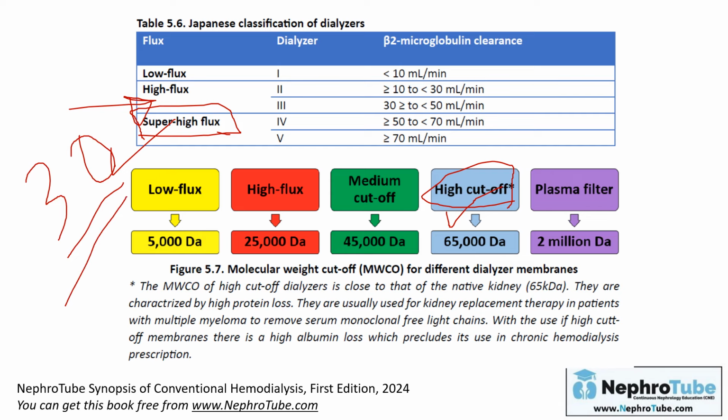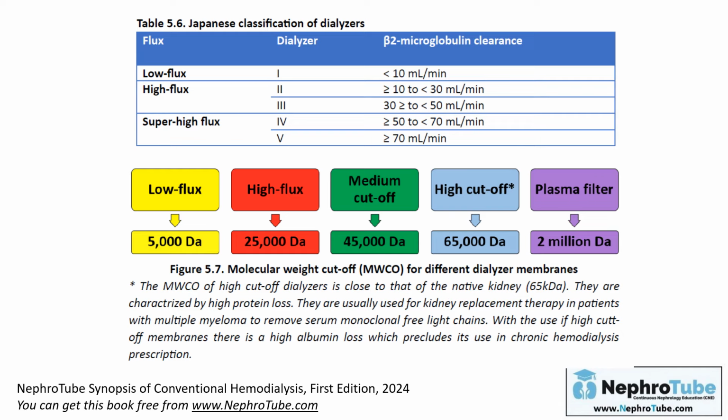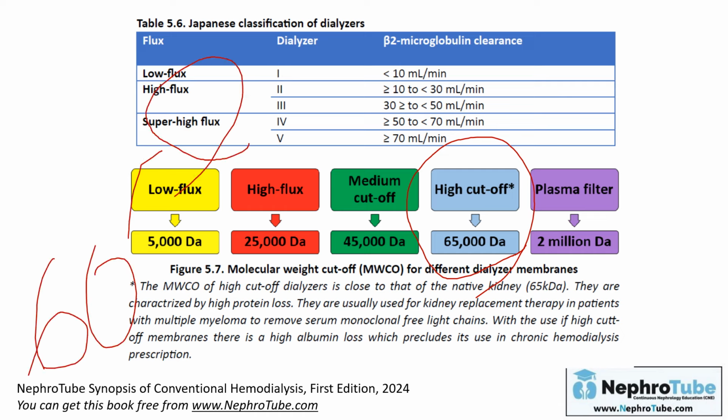But in other references, you will find that they are not using the Japanese classification, and they mention that these high cutoff membranes with molecular weight cutoff up to 65,000 are also called super high flux. So take care while you are reading. And by the way, there are third references that mention that high cutoff can remove up to 65,000, while super high flux can remove up to 60,000. So the terminology is different between different literature, so take care while you are reading the references.